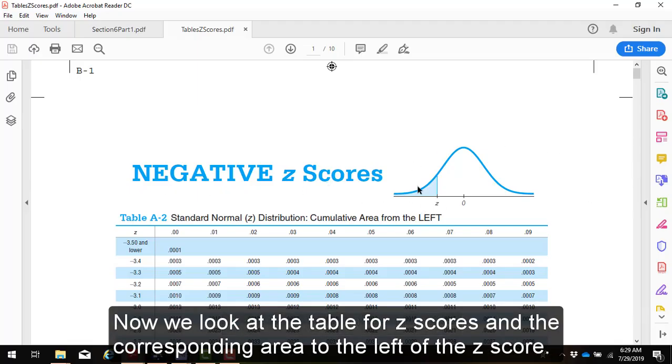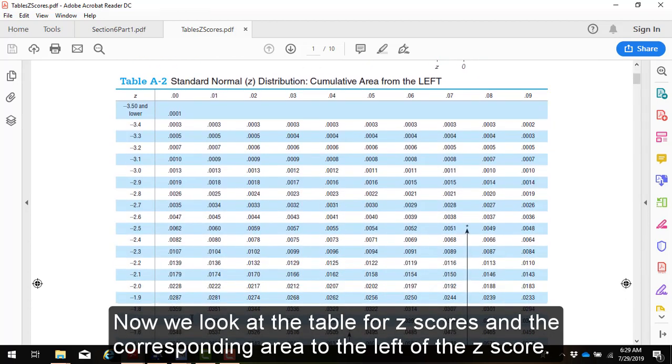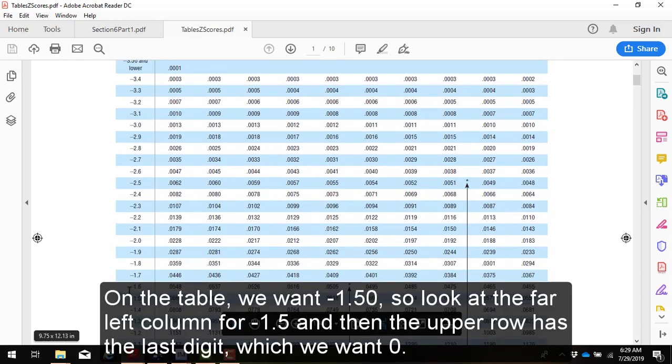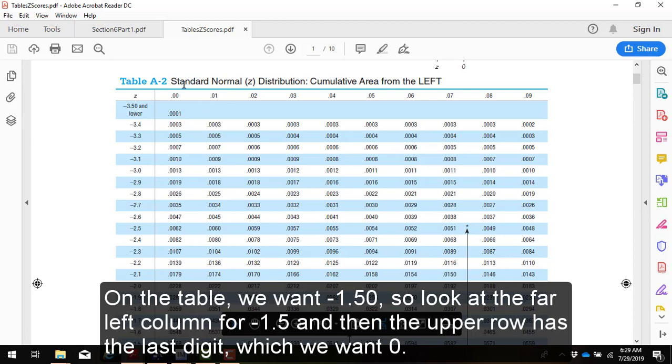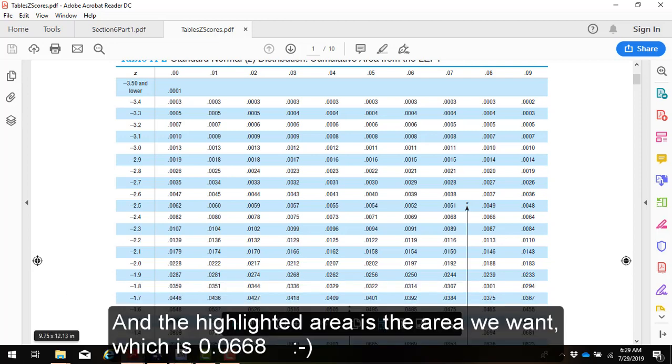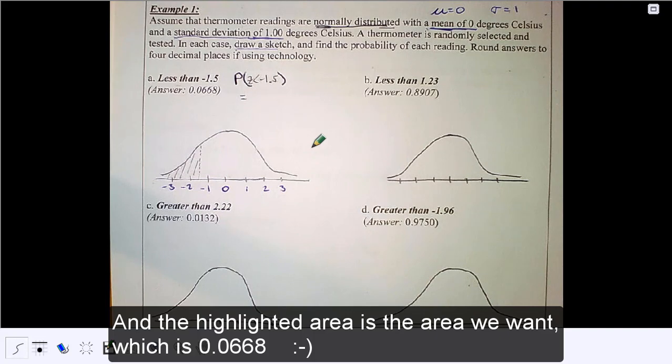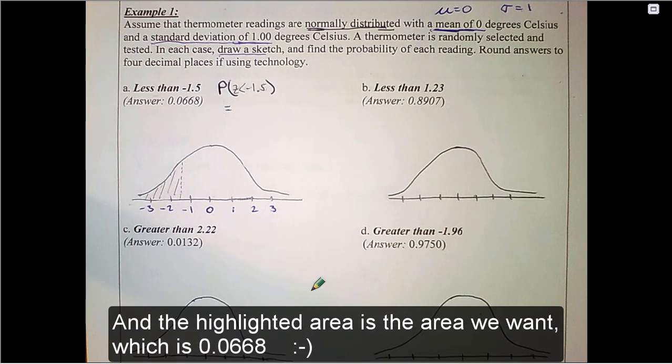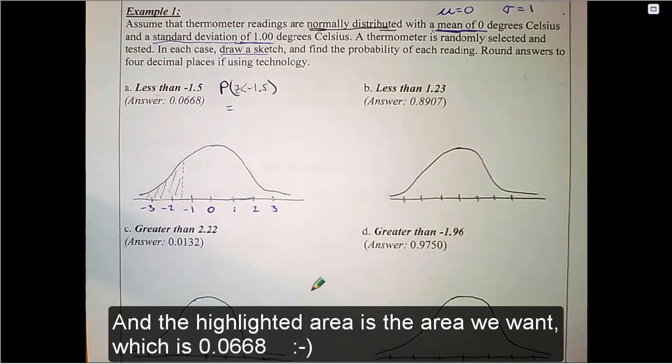Now we look at the table for z-scores and the corresponding area to the left of the z-score. On the table, we want -1.50. So look at the far left column for -1.5, and then the upper row has the last digit, which we want 0. And the highlighted area is the area we want, which is 0.0668.